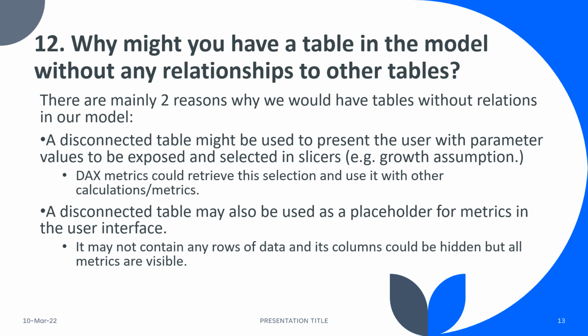And second, a disconnected table may also be a placeholder for measures in the user interface. It may not contain any rows of data, the columns could be hidden, but all our measures are visible.